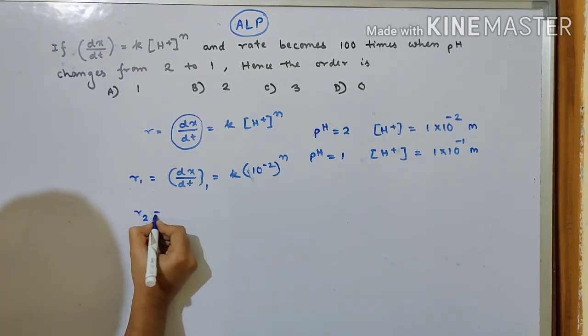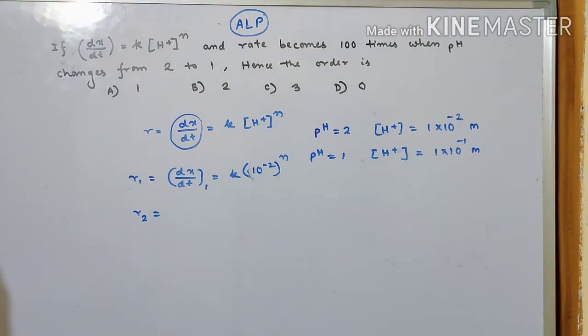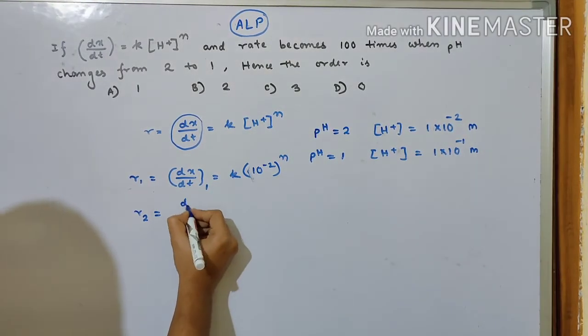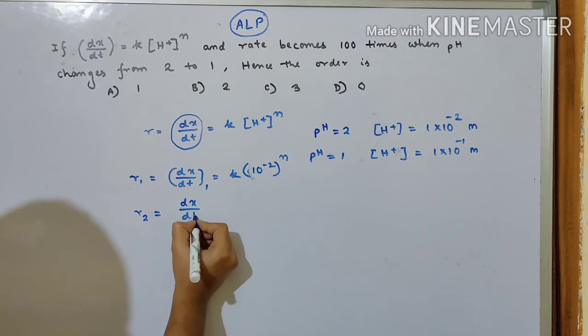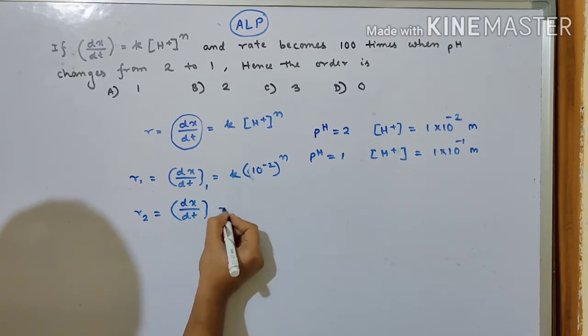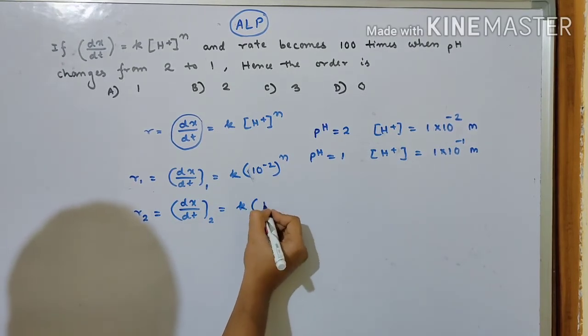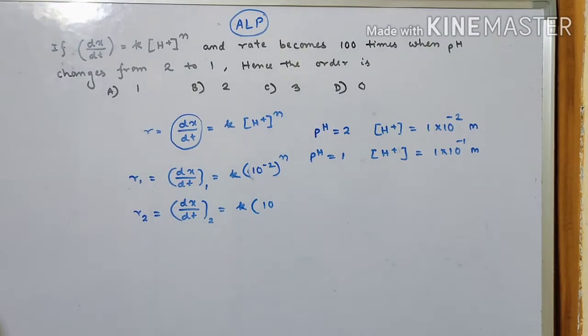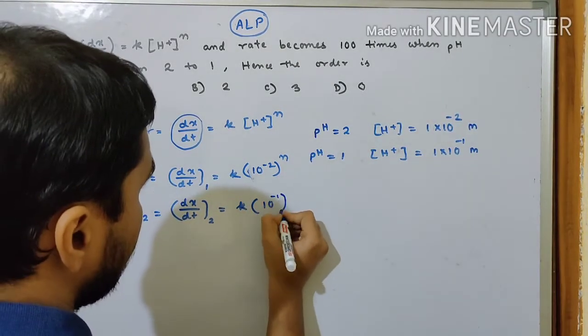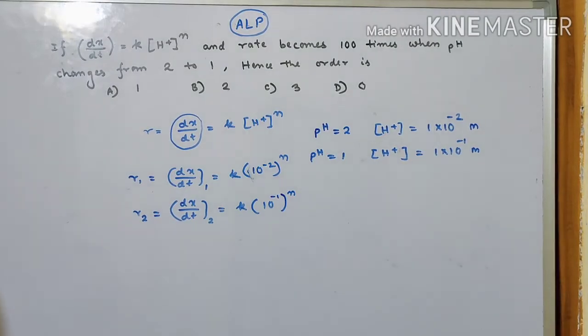And R2 is equal to dx by dt is equal to k into 10 to the power minus 1 to the power n. So this is the situation.